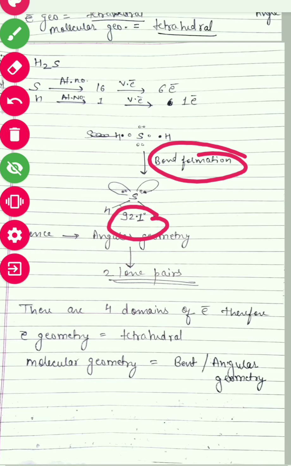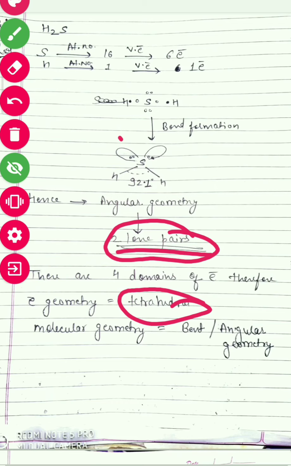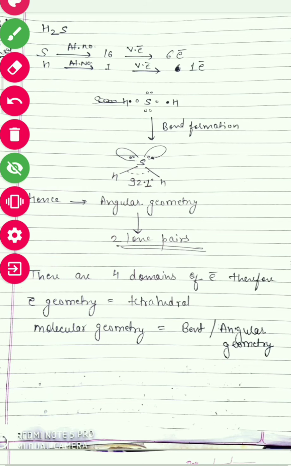Because of lone pair repulsion, the angle is bent, and it gives a bent molecular geometry, while the electron geometry is tetrahedral because of the presence of 4 electron domains: 1, 2, 3, 4. So it gives tetrahedral geometry. But the molecular geometry is bent because of the presence of 2 hydrogen atoms. So it's a simple way. If you learn the table and learn the atomic numbers, you can easily solve this question.